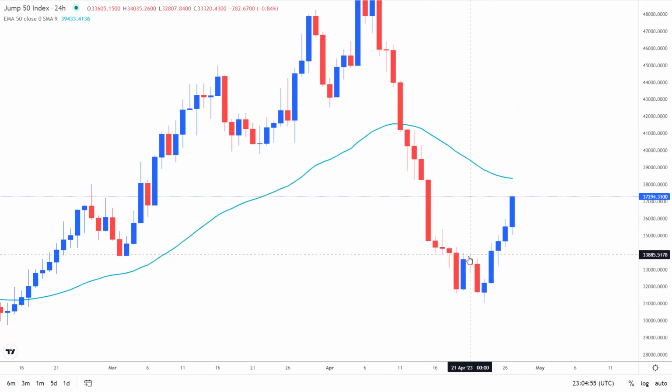But clearly, we had a daily candlestick break above this level right here.